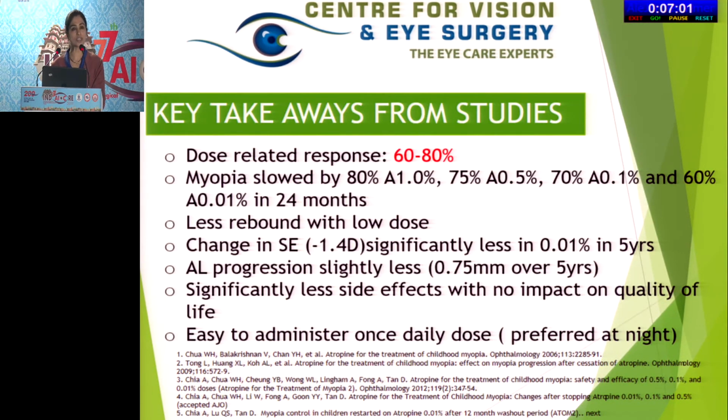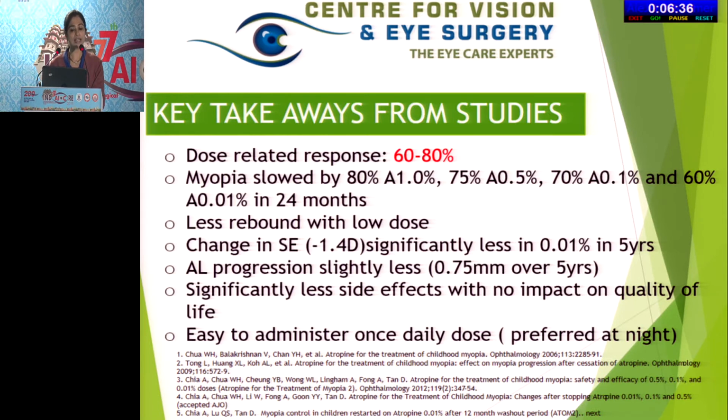It showed that all these studies were showing a dose-related response. Myopia progression slowed down by 80% with atropine 1% concentration, 75% with 0.5%, followed by 70% with 0.1%, and 60% with 0.01% in 24 months.